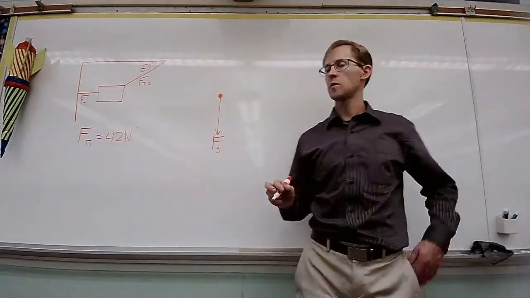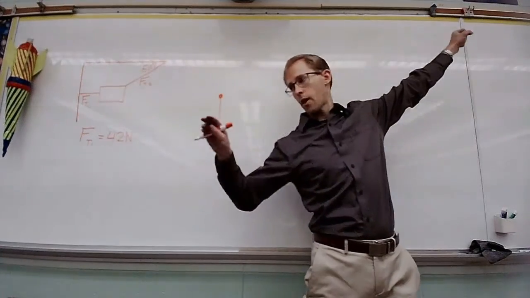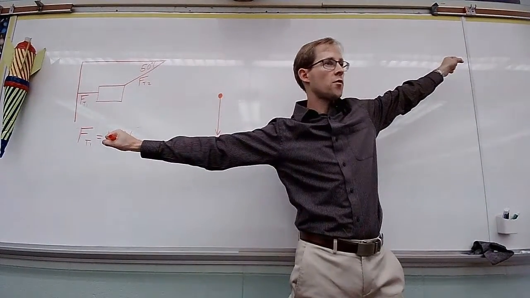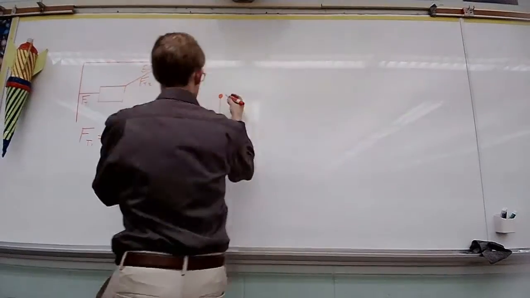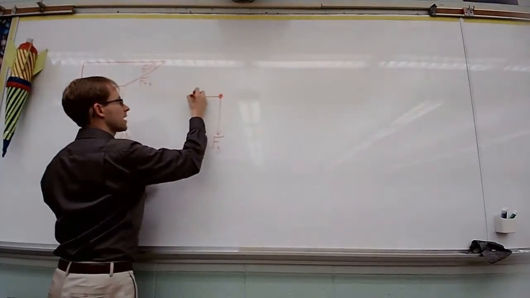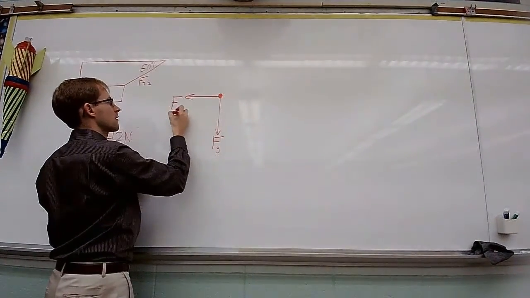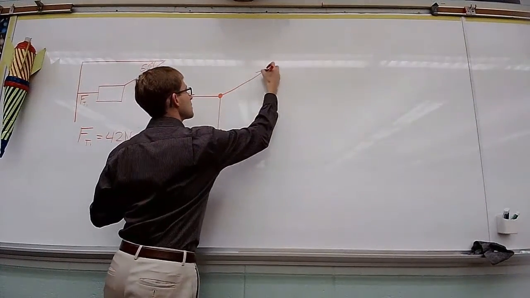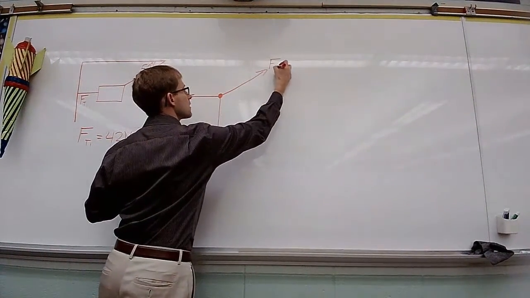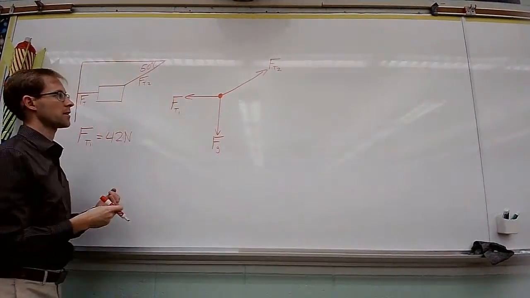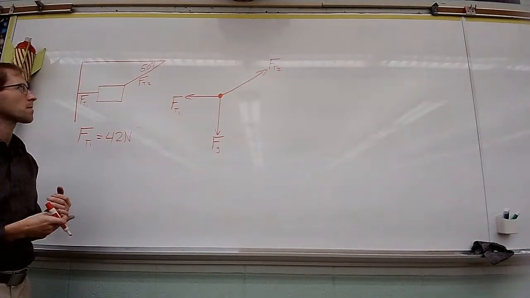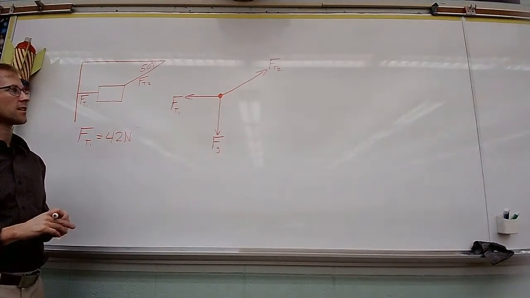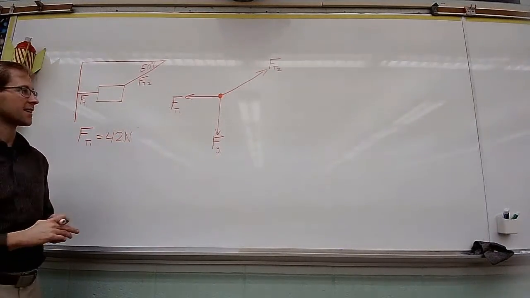It's partially being pulled up like this, partially being pulled across like that, and so those are two other forces that we have to insert here. Tension force 1 is yanking it that way, and tension force 2 goes that way. So that's our force diagram there.